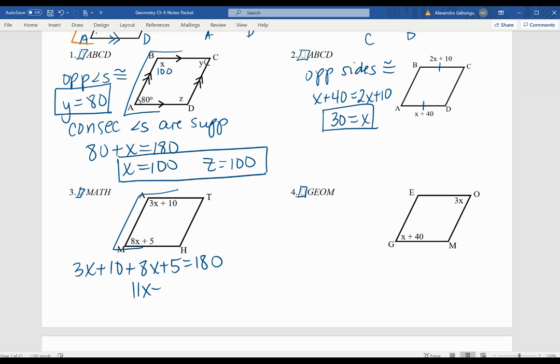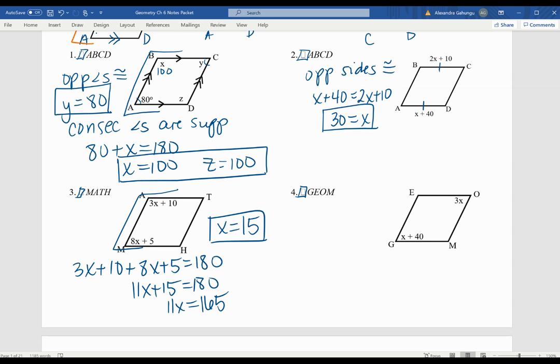So we'll get 11x plus 15, subtract 15 from both sides, and we will get x is equal to 15. And depending on the question, they might ask for just x, or they might ask for those angle measures. So if they were asking for the measure of angle A, we would take x and plug it in. So we would have 3 times 15.